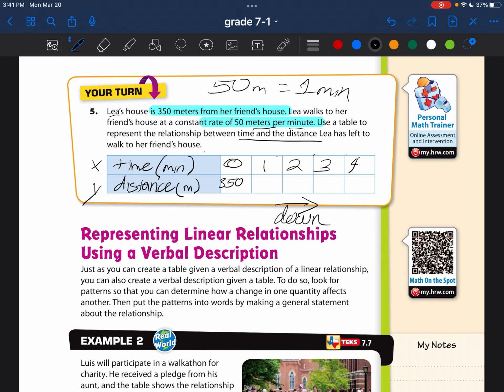It should be going down. All right, so we're taking 350 and we're subtracting 50. Do you see where I got all that from? All right, so now instead of 350, it should be 300. What about another minus 50?